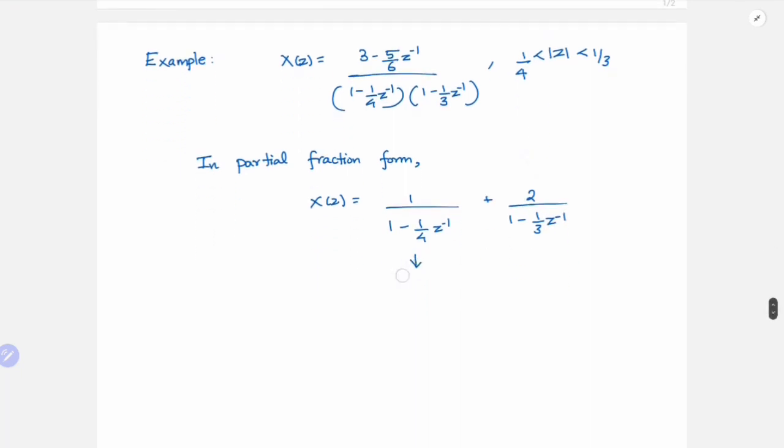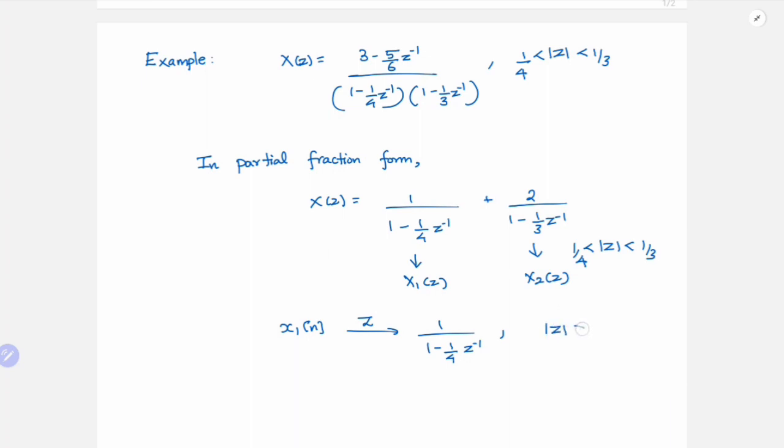So let me call this the Z transform of x1 of n, or X1 of z, and this one as X2 of z. And your ROC is mod z less than 1 by 3 and greater than 1 by 4. So if I write x1 of n, which is having a Z transform of 1 by 1 minus 1 by 4 z inverse, what will be the part of ROC corresponding to this?